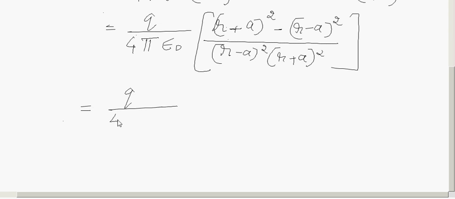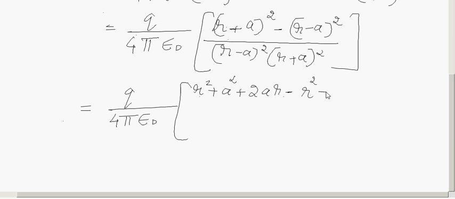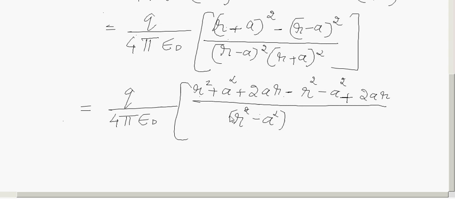So we get q divided by 4 pi epsilon naught into r square plus a square plus 2ar minus r square minus a square plus 2ar, divided by r square minus a square whole square. Cancel the common terms: r square and r square, a square and a square.